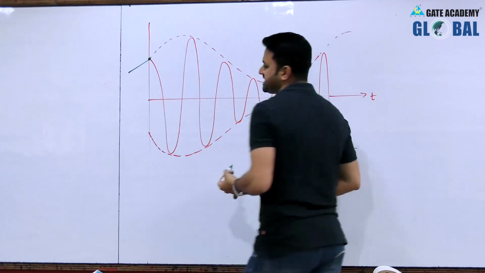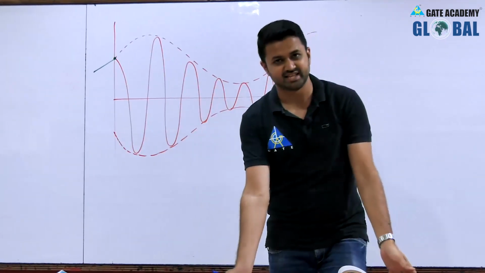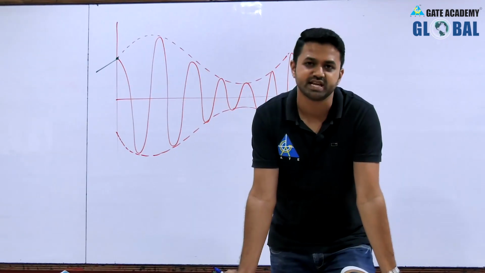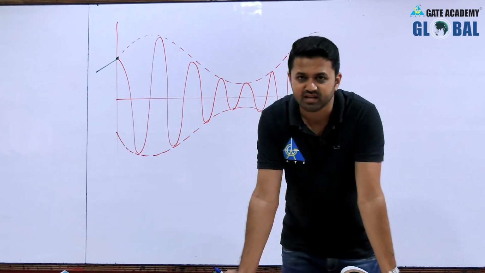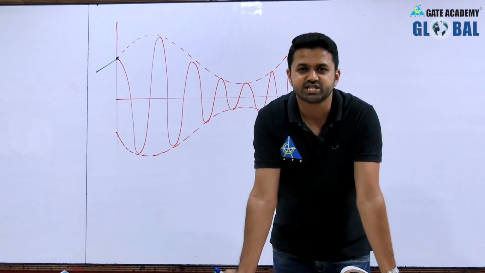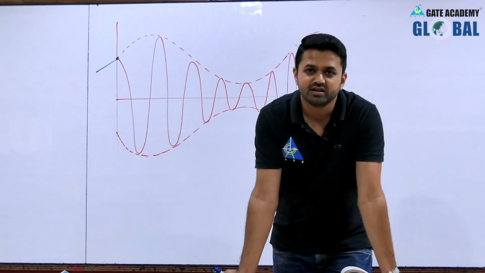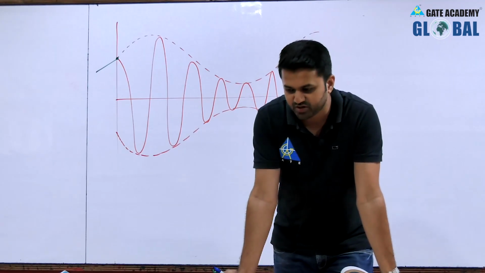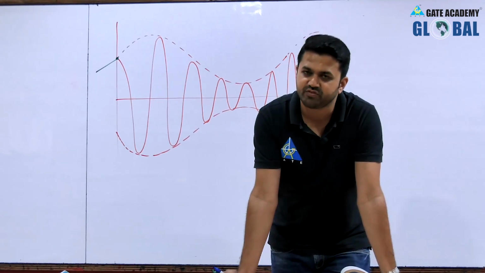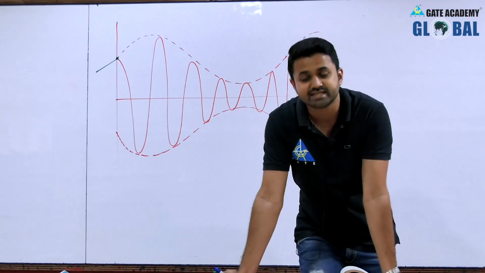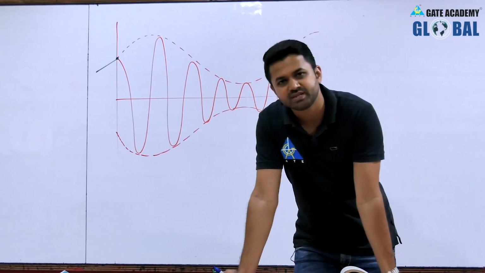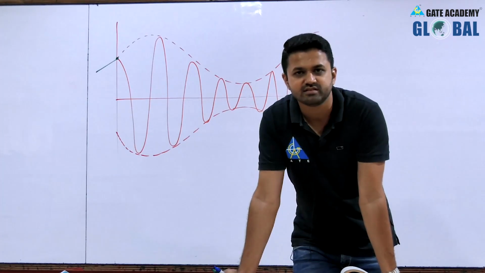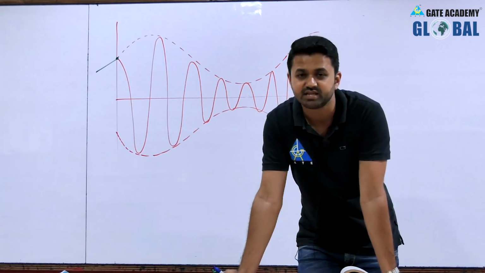Whenever the input is less than the capacitor voltage, as we have seen in the sinusoidal case, that is, whenever the voltage across the diode, the input voltage of the envelope detector, is less than the capacitor voltage, the diode is reverse biased.